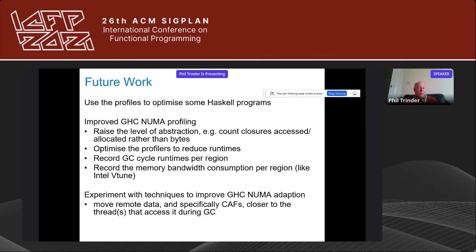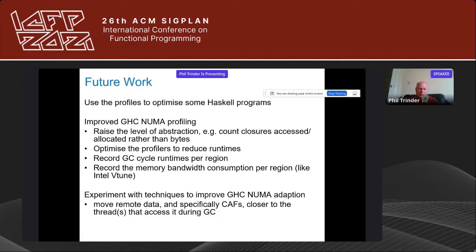The profilers are already pretty slow, of the order of two orders of magnitude, and the NUMA profiling adds to that, makes that even worse. So the profilers would be more usable if we optimize them somewhat.